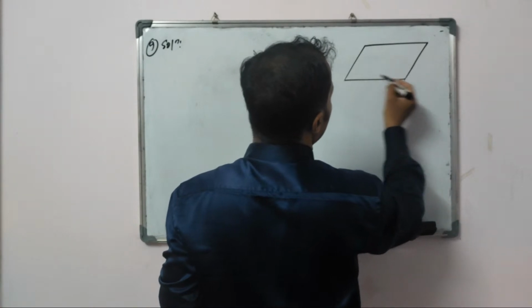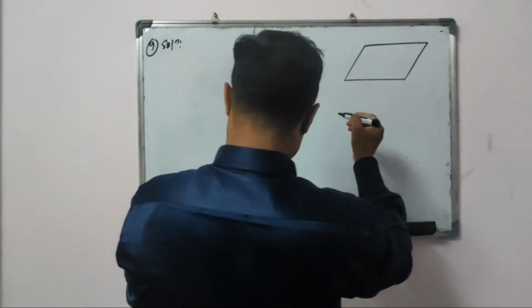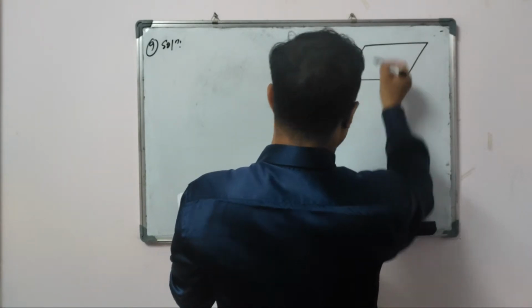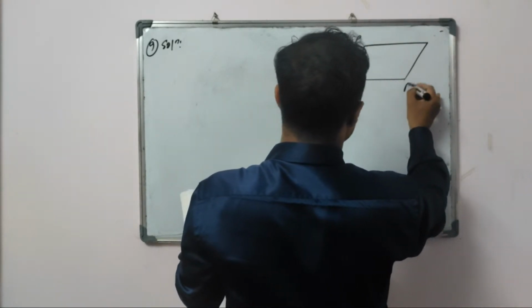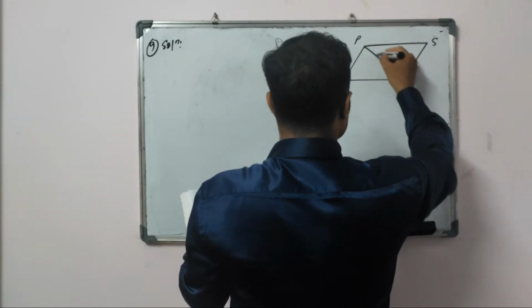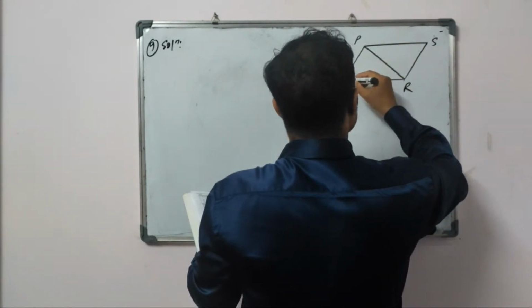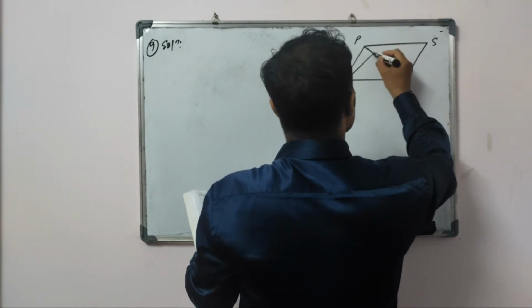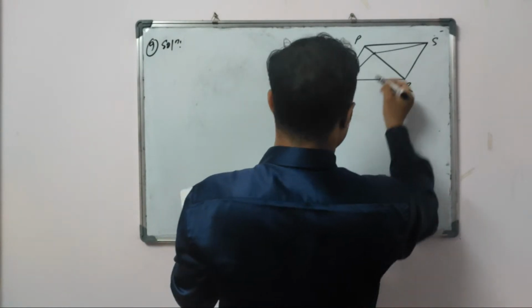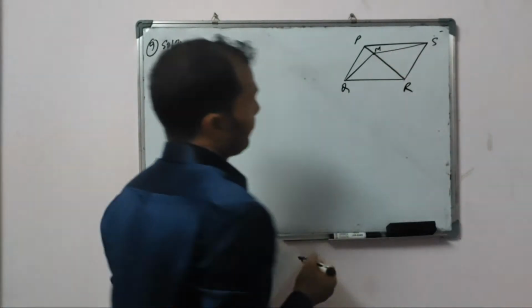Be careful. You have a parallelogram PQRS, and this is the diagonal. And you put a point randomly. Okay, that is M.